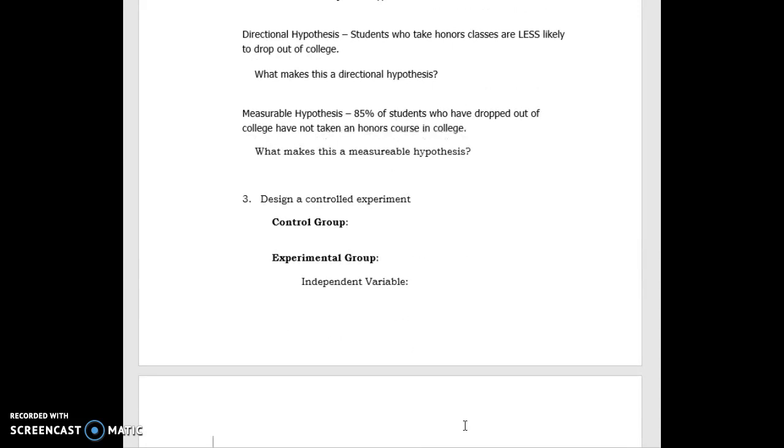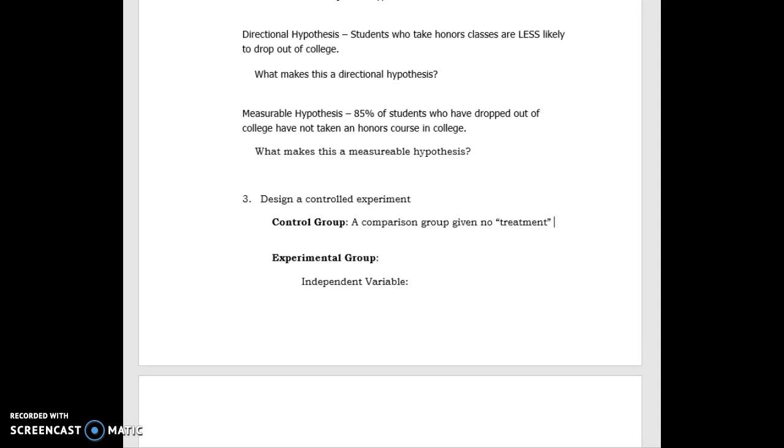A controlled experiment has two groups to it, a control group and an experimental group. A control group is a comparison group. The purpose of this in the experiment is to see what your original or somewhat standard experiment would prove. So a comparison group given no treatment.